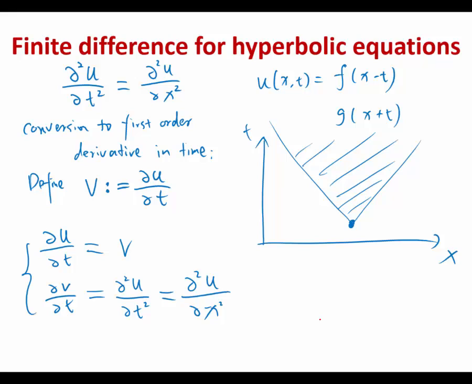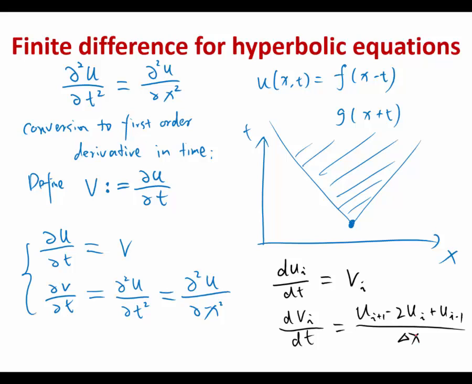So the approximation of u is dui dt equal to what? vi, right? And the approximation of dvi dt is, I've written this many times now, ui plus 1 minus 2ui plus ui minus 1 divided by delta x squared.